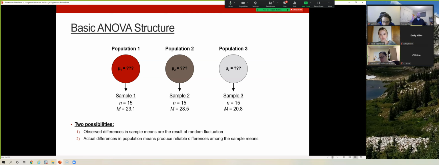Even if populations 1, 2, and 3 all had exactly the same mean value in the actual population, I'm going to see some differences in my samples just because of sampling error. Maybe if I redid this, sample 3 has the highest value and sample 2 has the lowest. They're always going to shift around a little bit, right?